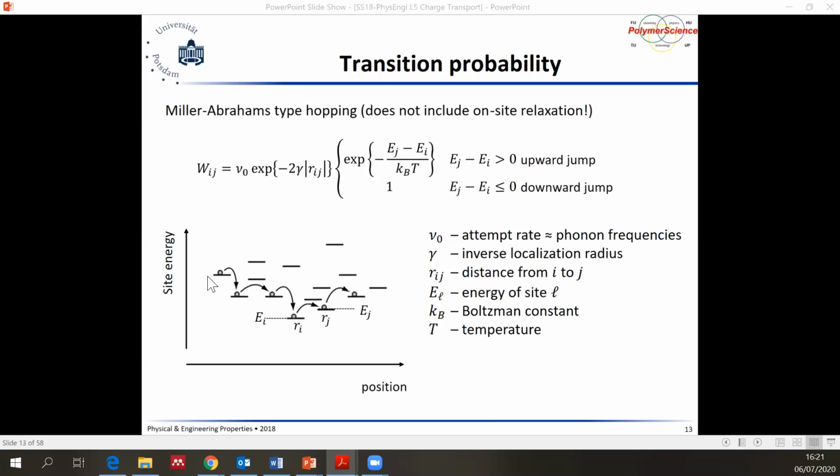So already what we can see here is that when a charge hops down, there is no penalty for that. That would be rather easily achieved. Yet when it wants to hop back up, so for instance from R_i to R_j, it needs to overcome this barrier in energy. And we have to see what sort of energy this is compared to kBT.